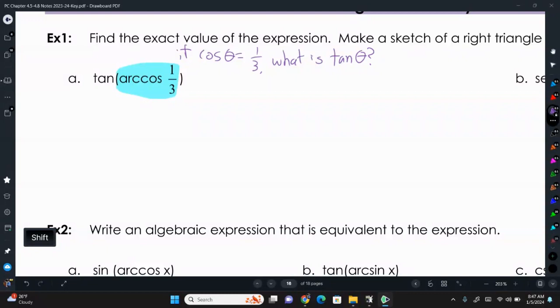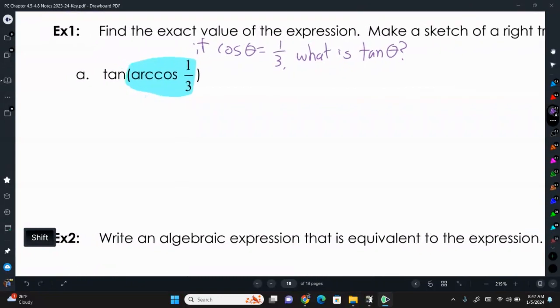And we did that before, back in sections 4.3 and 4.4, where I said, okay, cosine is this, find tangent, or find all 6 trig functions. So we're doing that same thing here. The only issue is we have to, again, remember our quadrants.